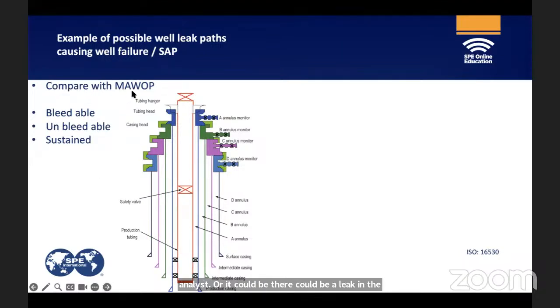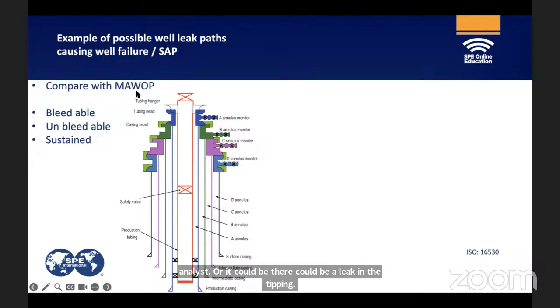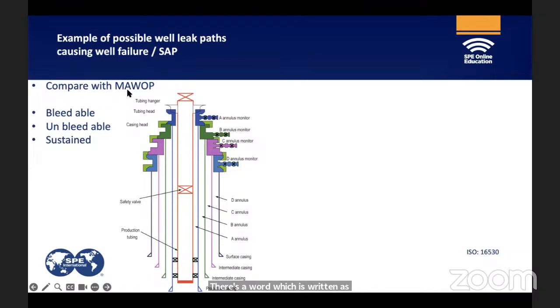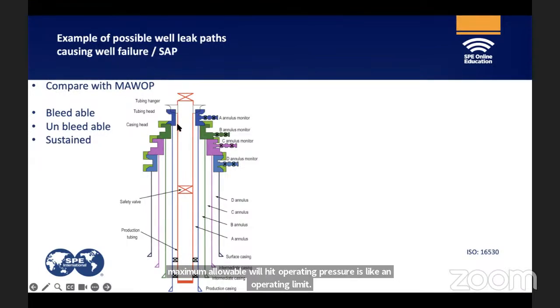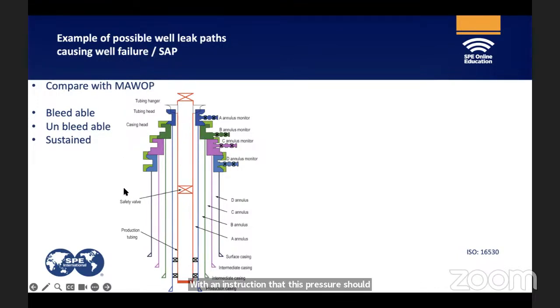There is a term which is written as MAWOP. It is called maximum allowable wellhead operating pressure. It is like an operating limit for each of the annuli, with an instruction that the pressure in the annuli should not exceed this MAWOP pressure at any point of time.